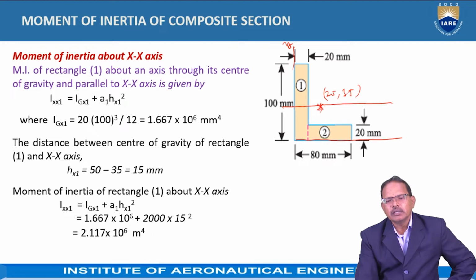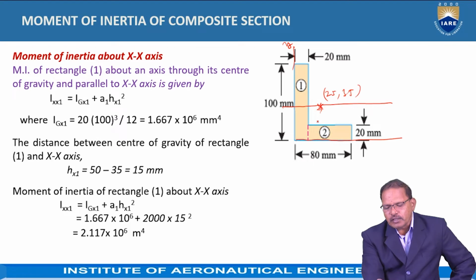Ix1 represents the moment of inertia possessed by the first rectangle about the centroidal axis, equal to Igx1, the moment of inertia possessed by the first rectangle about its own central axis, plus A1, the area of the first rectangle. h1 is the distance between the central axis of the composite figure and the center of section 1.